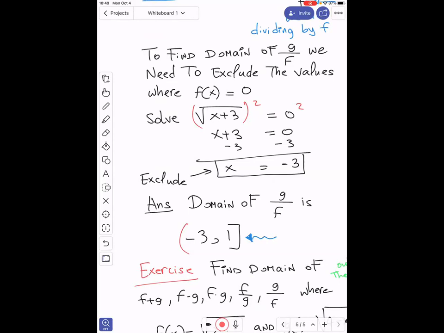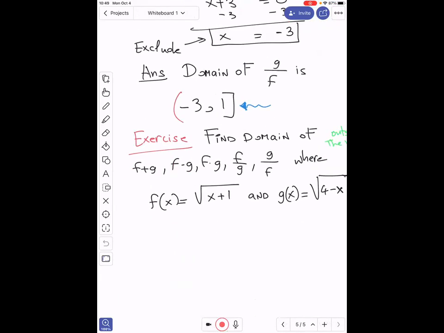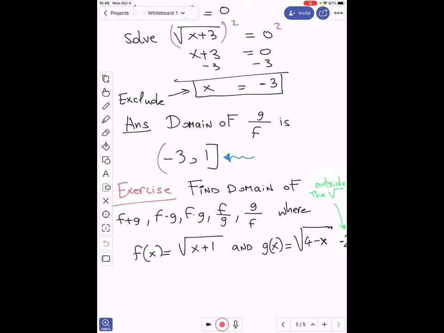For f plus g, f minus g, f times g, that's negative 1, 4, both included. For f over g, and for g over f, you put separate answers. Yeah, that's a good point. There are 3 different answers.